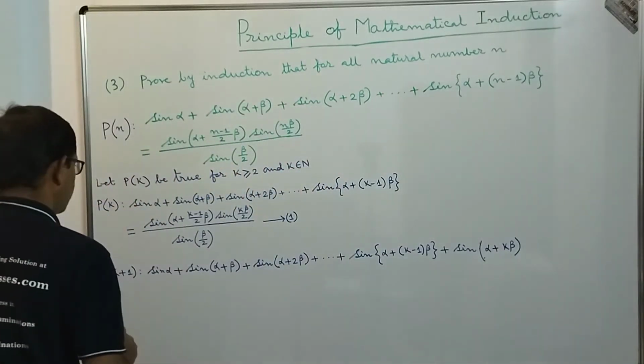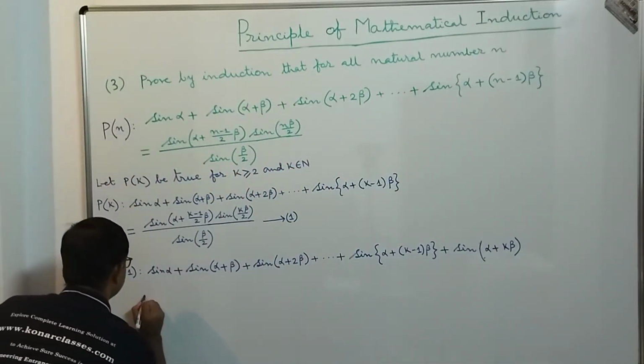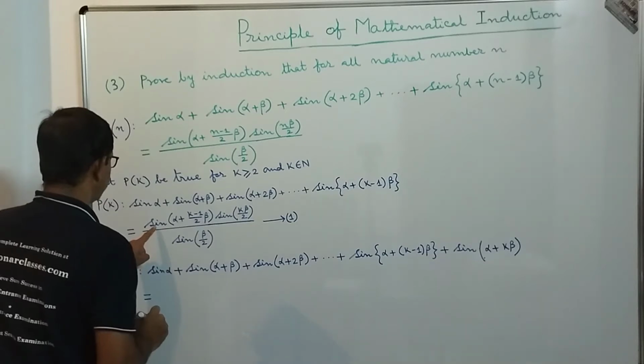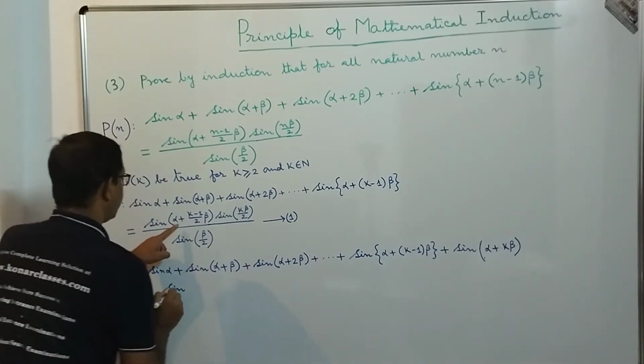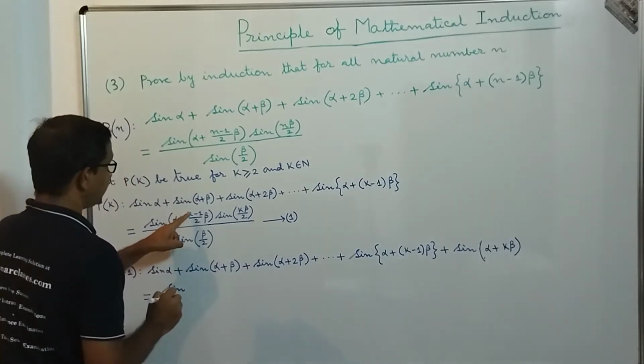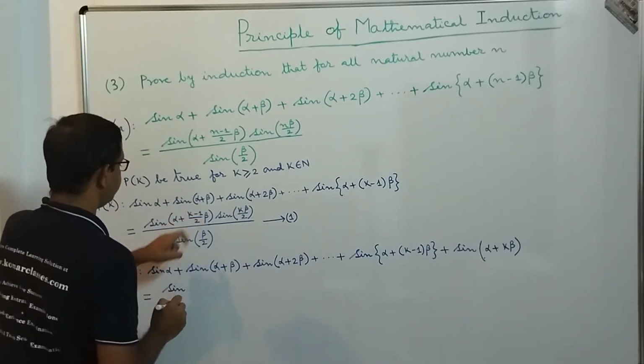So this is equal to what we can write here, dear students: sine of alpha plus k plus 1 minus 1, that is k, into beta by 2.